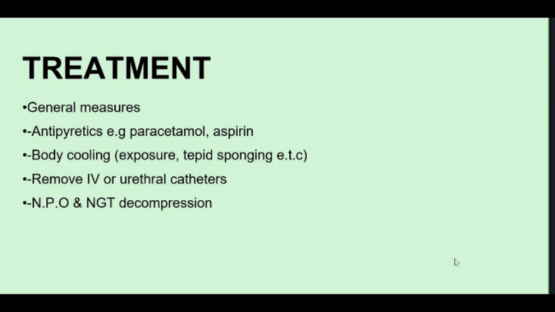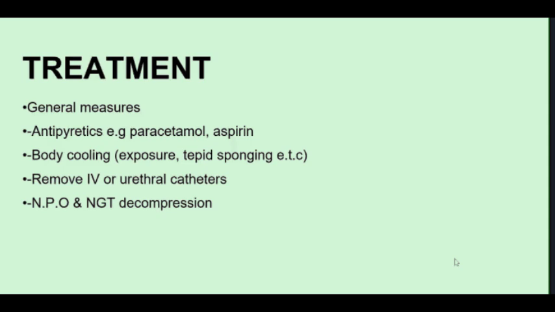Then general measures for the fever: you will give antipyretics like paracetamol and aspirin, and body cooling, especially in pediatric patients, where you use tepid sponging or exposure of these patients. We also want to remove IV lines and catheters and resite new ones. For catheters, if the catheter is causing more harm than good, it can be removed.